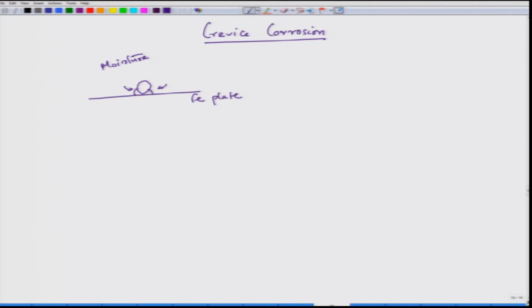So, this is a small region, a small gap where moisture can enter. And interestingly, once moisture goes into this gap, it remains stationary or stagnant. This is a particular example of a crevice. This is also a crevice.